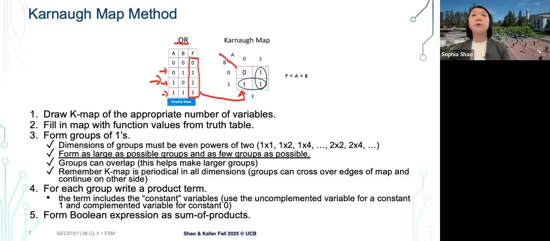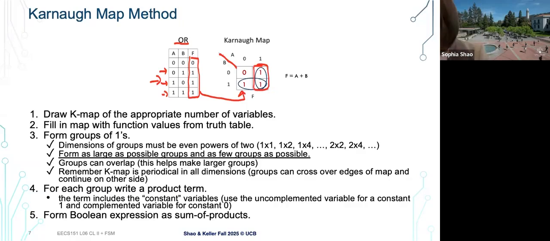Where F is 1, we can find opportunities to combine them together to get a simplified version, right? One way to do that, the same as the uniting theorem, is by circling groups of ones together so that they can be eliminated. What do I mean by that?